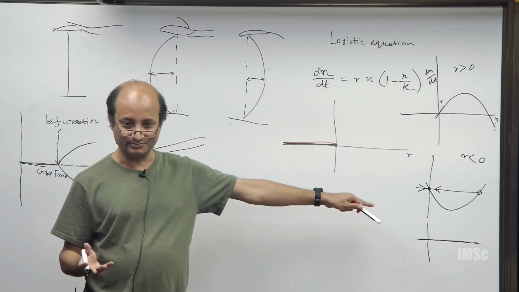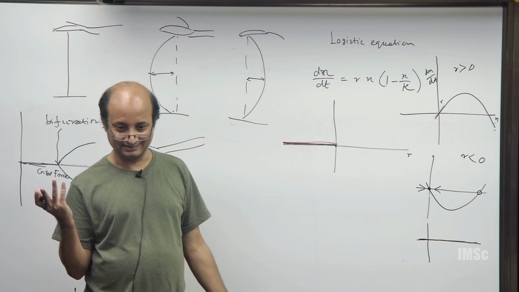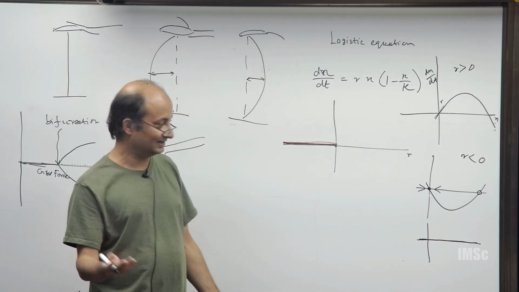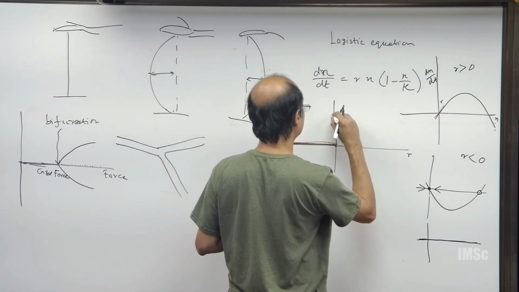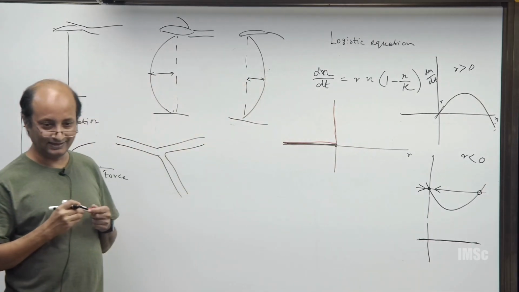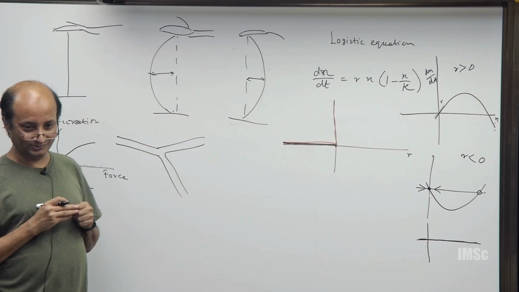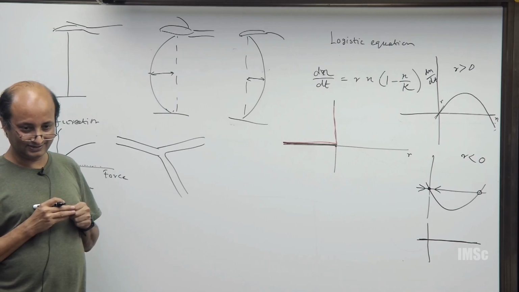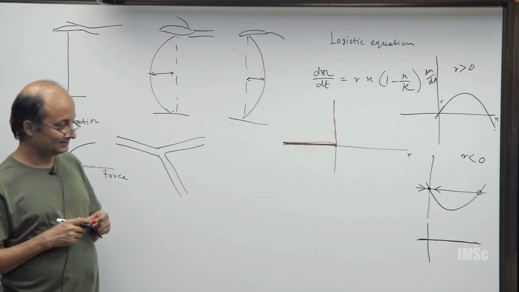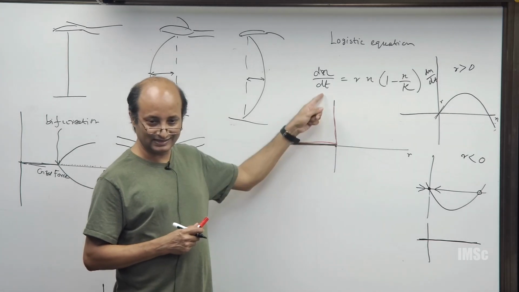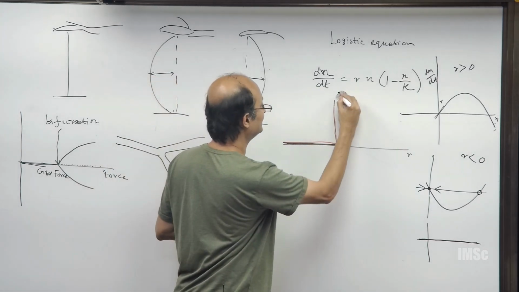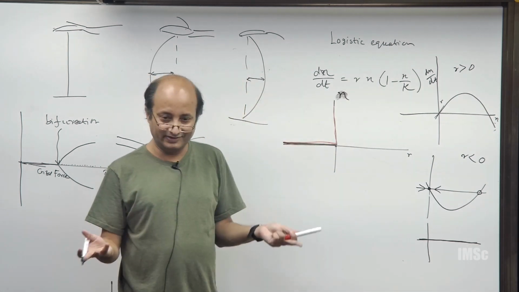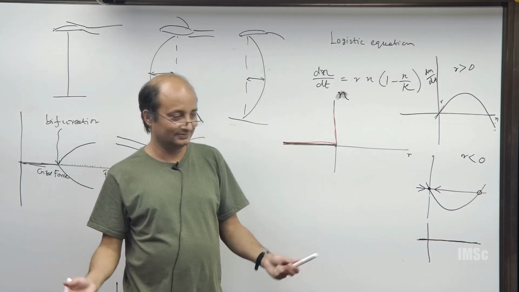Anywhere you start from, it will just stay there. You move it, it will stay there. Right? So this entire line is trivially going to be an equilibrium. Alright? At r equal to 0, it doesn't matter. Okay, so this is n. Wherever you start from, you will be there.